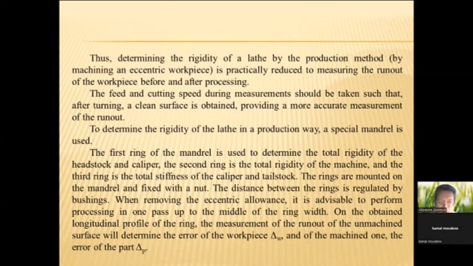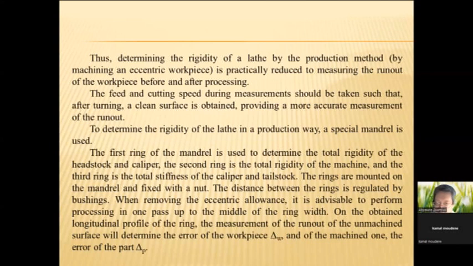The first ring of the mandrel is used to determine the total rigidity of the headstock and caliper. The second ring gives the total rigidity of the machine, and the third ring the total stiffness of the caliper and tailstock.